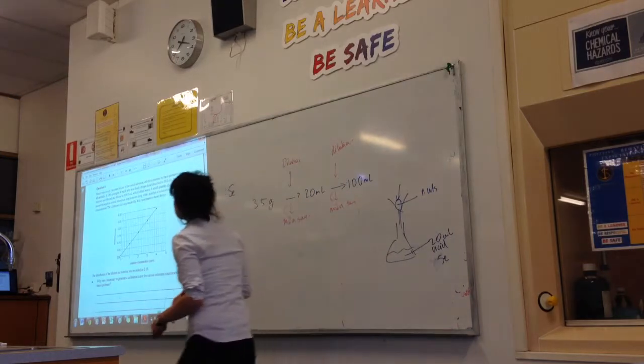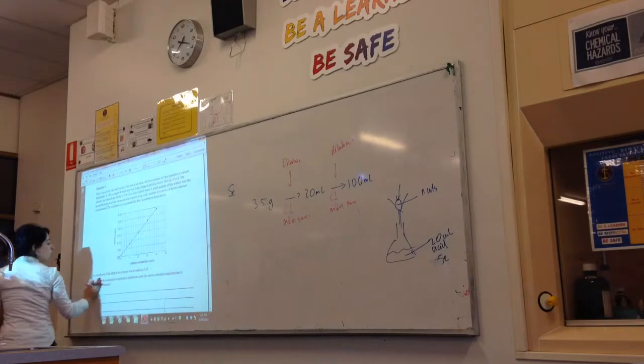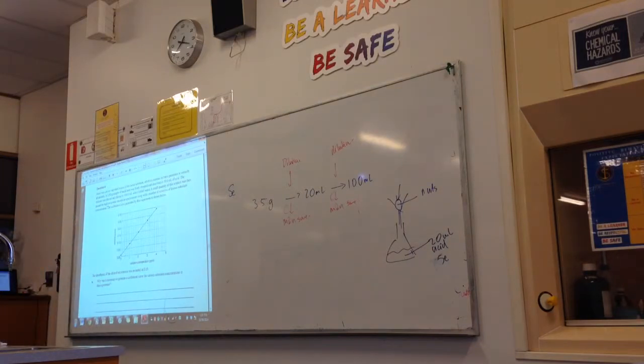Now if you go to your question, it says, why was it necessary to generate the calibration curve? Why was it necessary? To determine the amount of selenium in your sample.